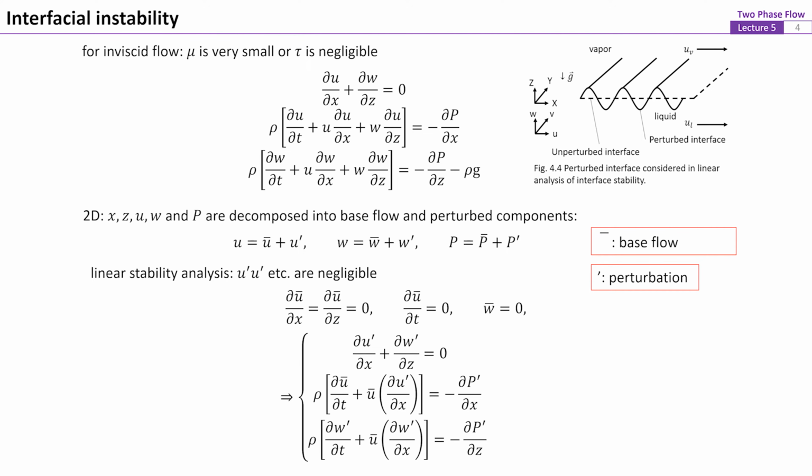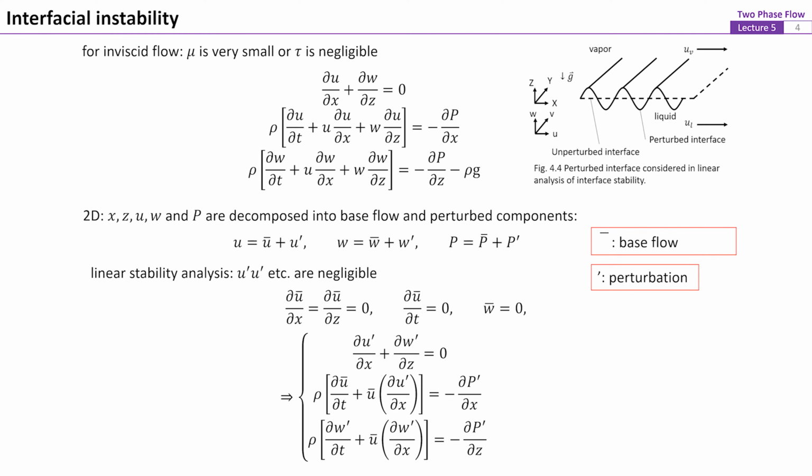Consider the viscous effect is negligible and assume the fluid is an incompressible Newtonian fluid. This set of standard continuity and momentum equations in the x and z directions can be obtained as shown in the upper portion of this slide.